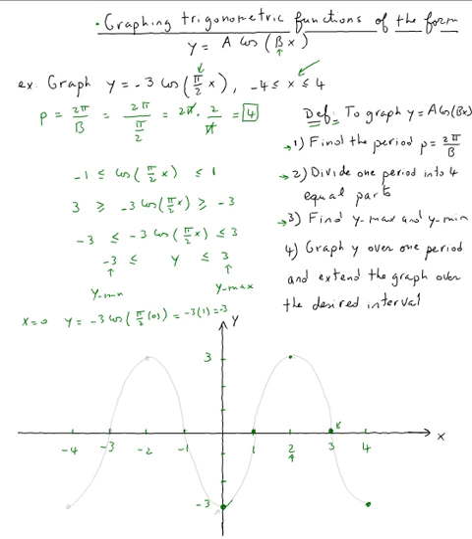And then the rest is just graph it. And then just extend it. Extend it again. Since it is at its minimum, it has to go back to y equals 0 first, then it has to go up to its maximum, then go down to 0, and then go down to its minimum.